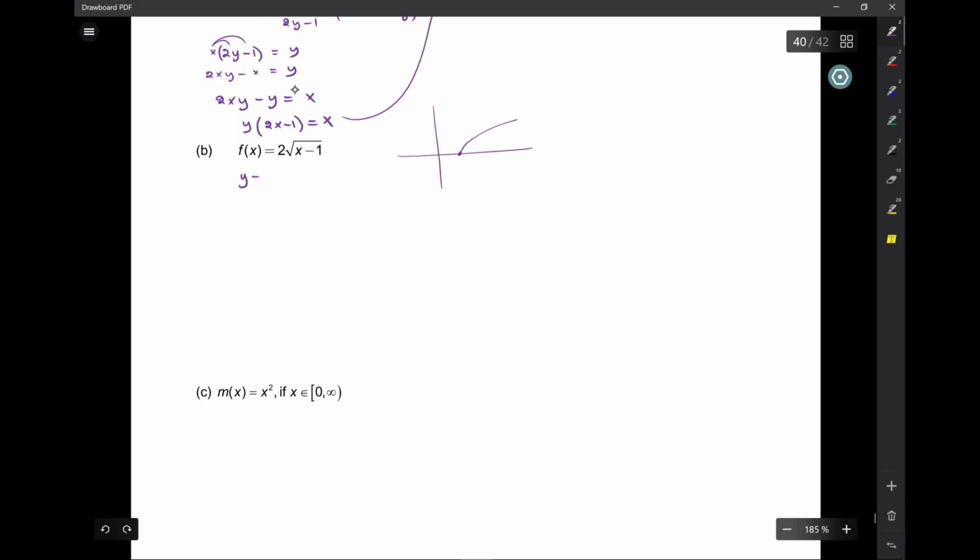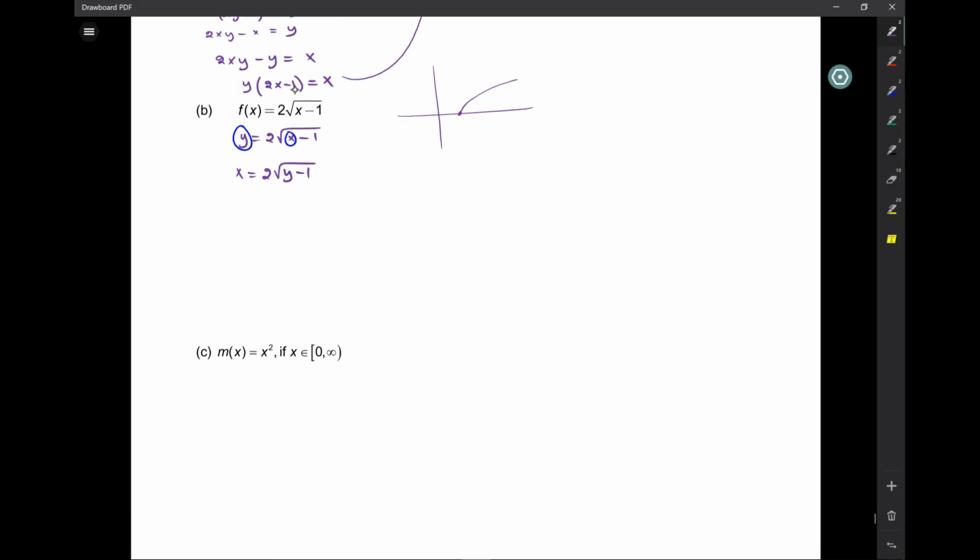So first we say y equals 2 root x minus 1. Now, to find the inverse means swap x and y. So we swap them, and then this will be x equals 2 root y minus 1. That's what finding the inverse is. Now we need to solve for y.